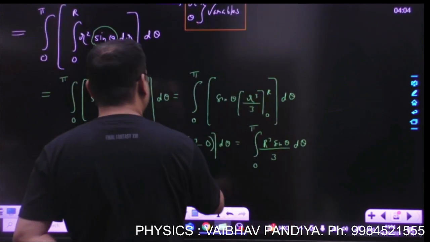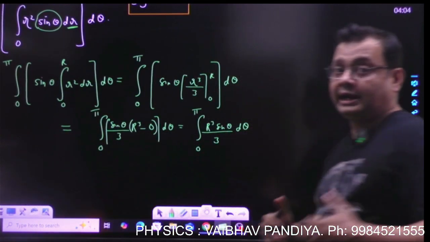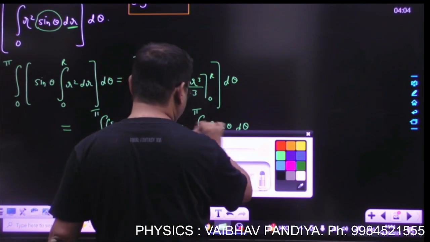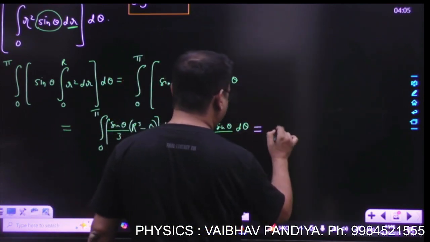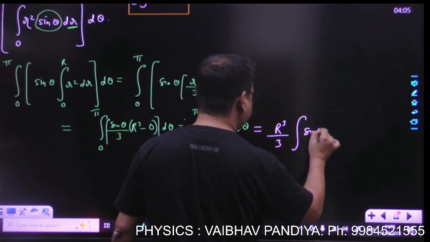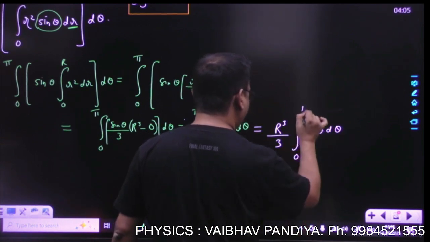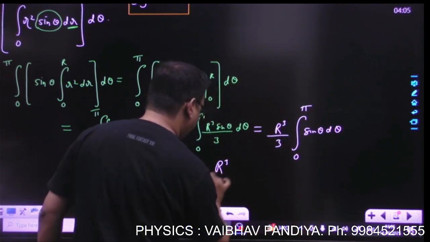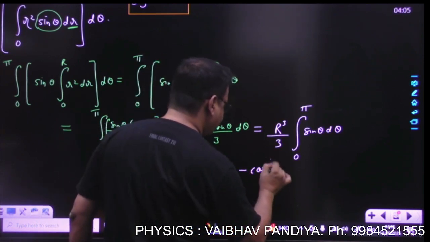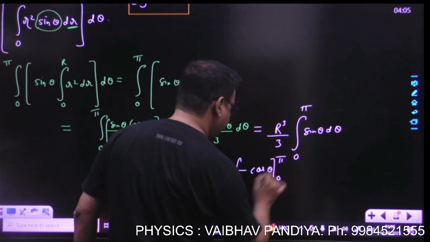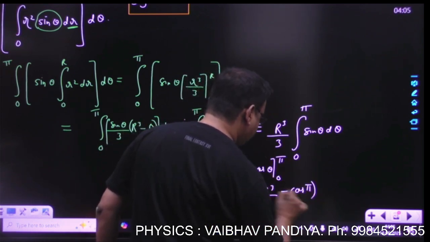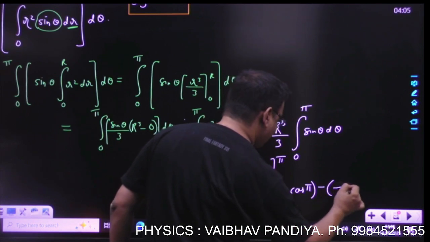Okay? You are at the evaluation of the outer integral, and R is a constant, being the final limit. So R cube can be taken out, 3 is a constant. What is left is sine theta d theta, 0 to pi, correct? So I'll get R cube by 3, and the integral of sine is minus cos theta within the limit 0 to pi. So I'll get R cube by 3 times minus cos of pi minus cos of 0.